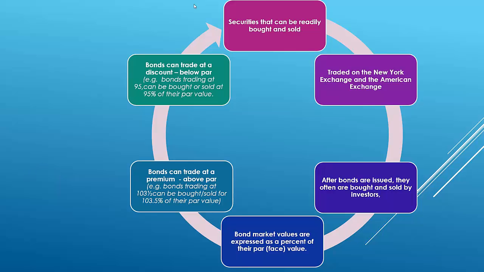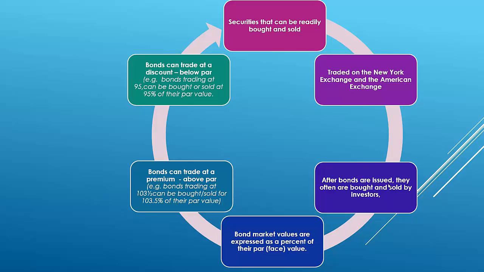Now, this slide just shows you some of the mechanics about how bonds are actually bought and sold, because you don't go directly to like Caltrans and buy a bond. They're actually negotiated on a secondary market, similar to how stocks are. So you have the American Exchange, the New York Stock Exchange.